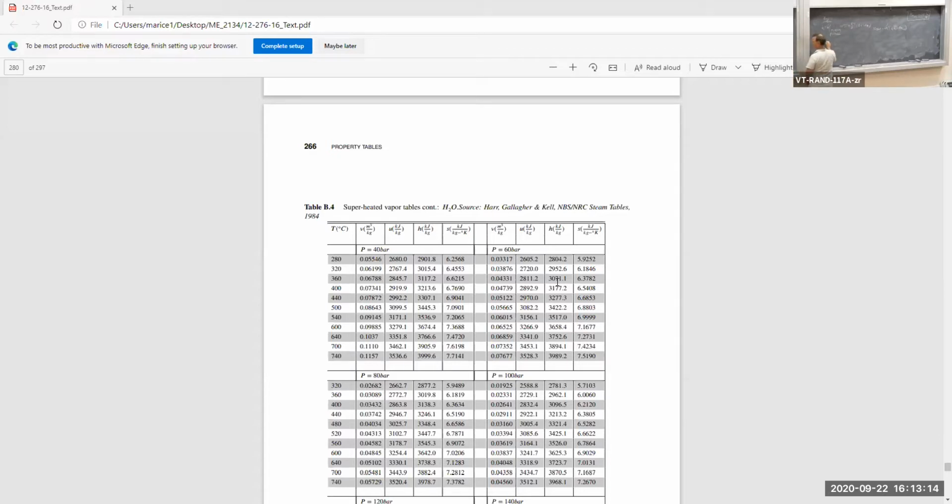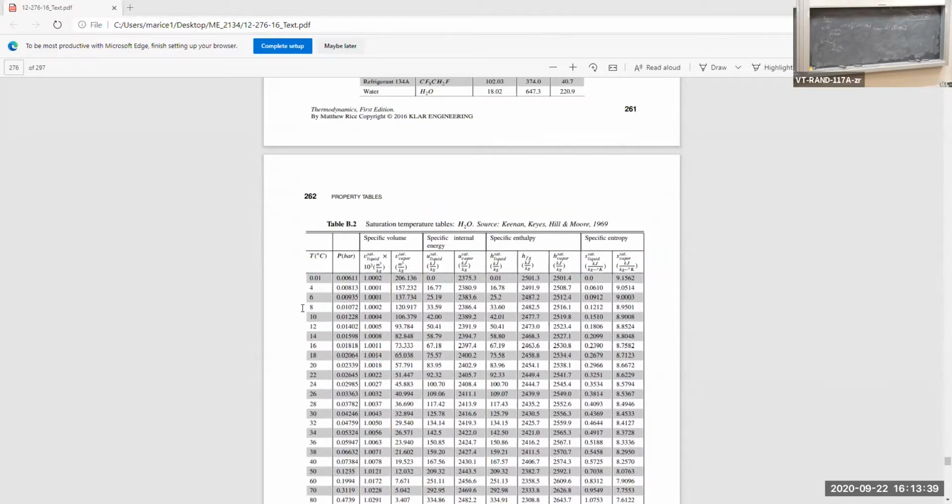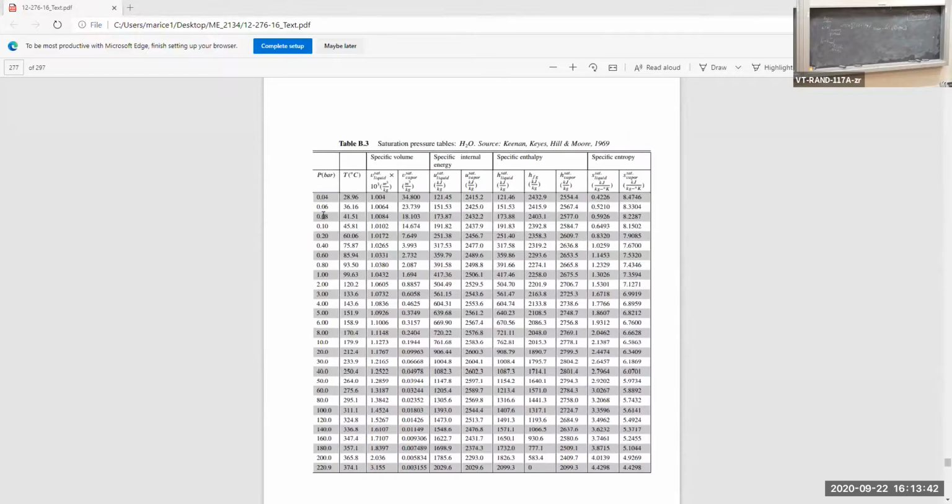H2 is a saturated mixture. I have a pressure P2 equal to 0.1 bar, and a quality X2 of 92%. So we'll have to go to the saturation tables. Saturation pressure table, 0.1 bar. Here is Hf for the saturated liquid.